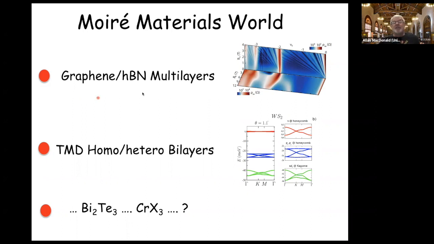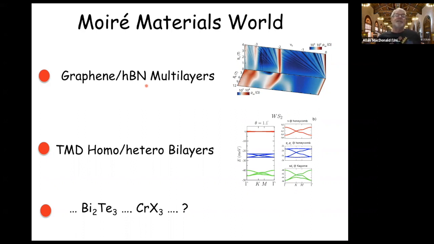So the first success in realizing a Moire superlattice was achieved with graphene, thanks to progress with tear and stack techniques for creating heterojunctions of these two-dimensional materials with controlled twist angles.